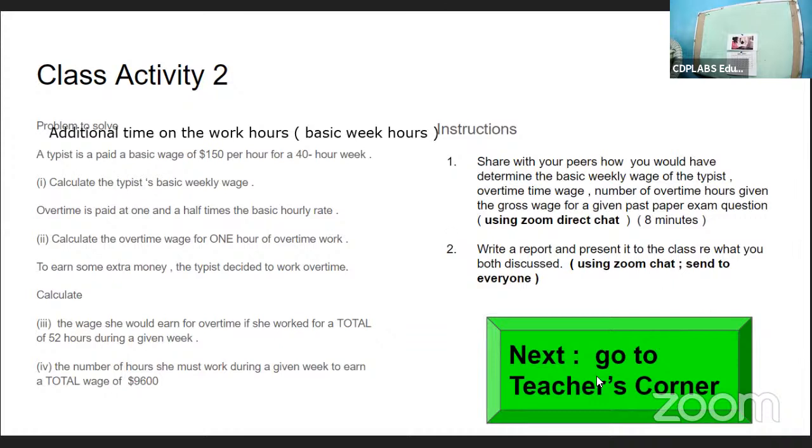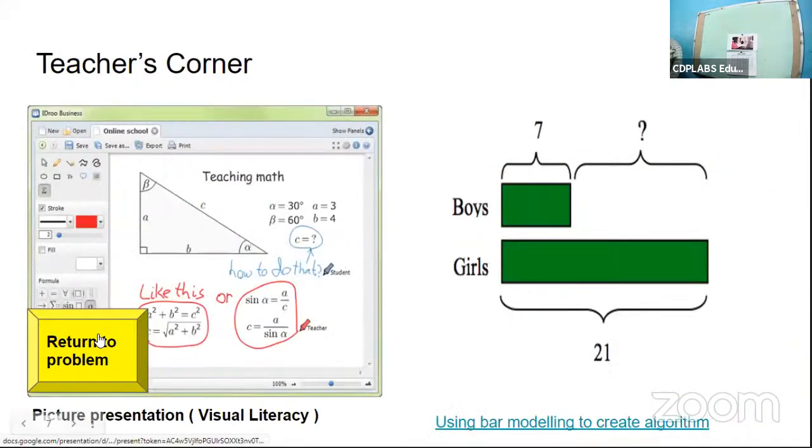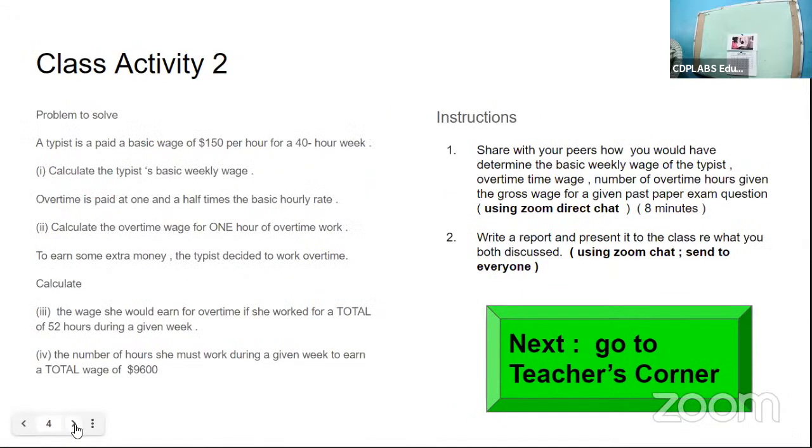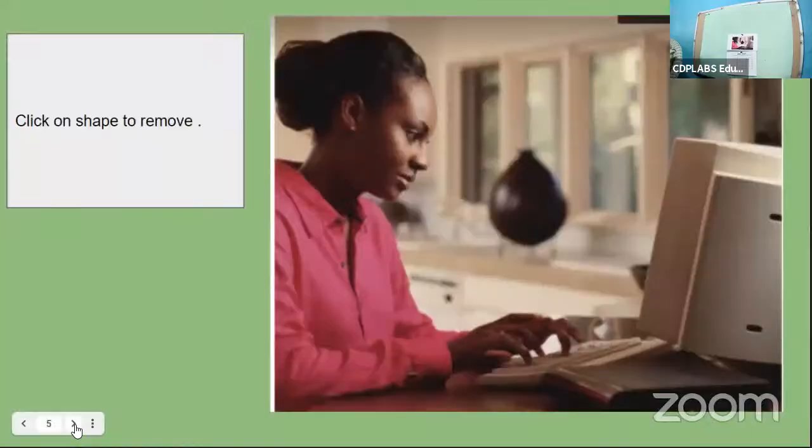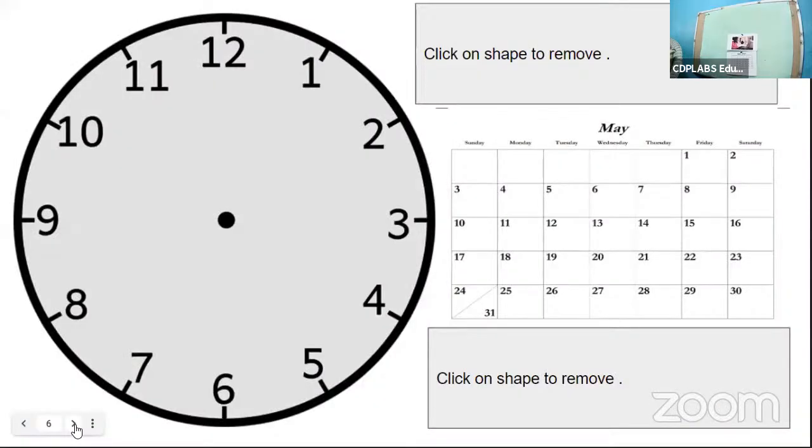Let's go to our teacher's corner for a minute. All right, so we saw that $150 there. Let's get to the time. So she worked for 52 hours for that given week, and they want to find out the wage she would earn for those 52 hours.